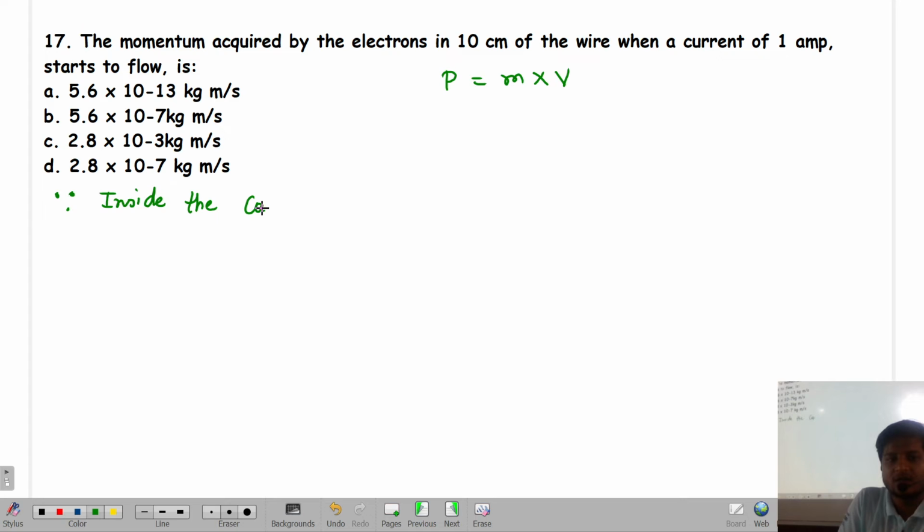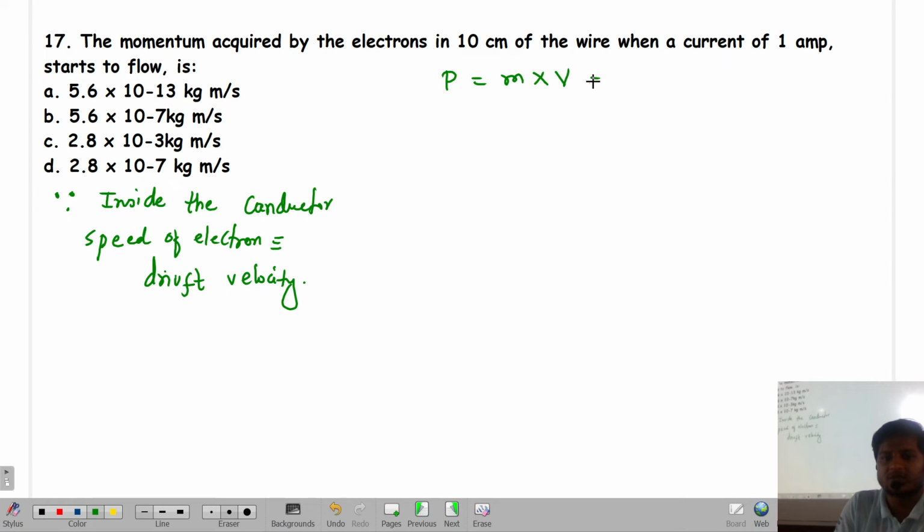Inside the conductor, the speed of electron is equal to drift velocity. So this momentum will be mass of electron into drift velocity.